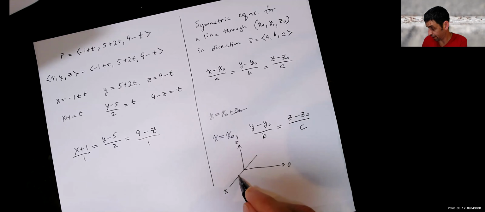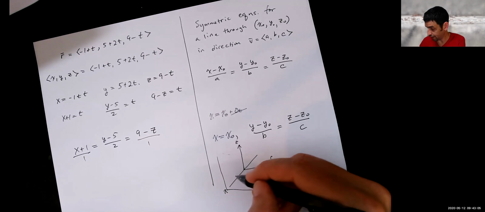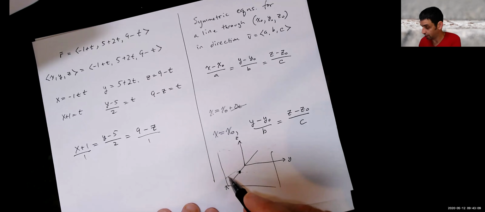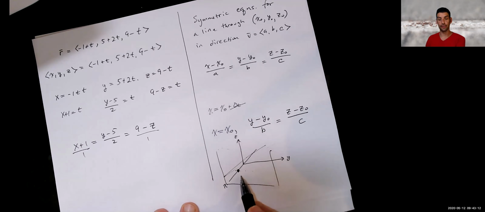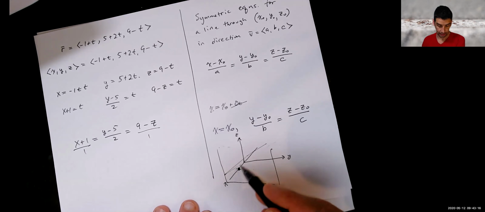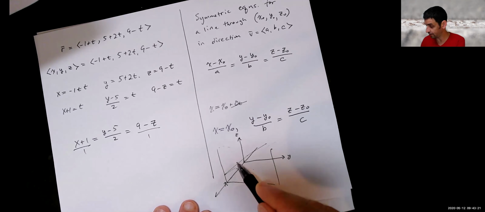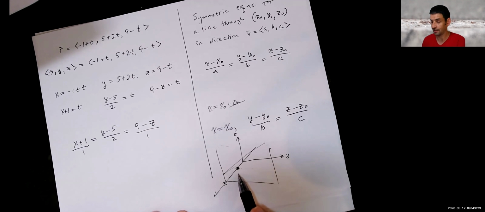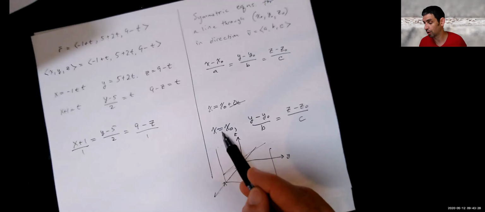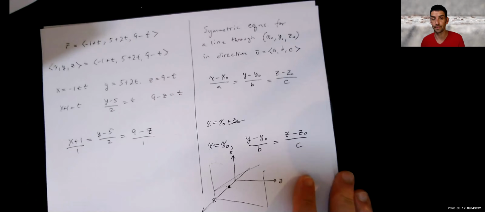So if this is some value of x naught, then this line has to live in the plane, where every point could be some point through that plane. I know this is not the greatest drawing, but if you imagine a plane perpendicular to the x-axis, so the x-axis is piercing this plane at that point, the line has to live in that plane because that is the plane where every single x coordinate has the value x naught. And if you move off of that plane, you don't have this anymore. So that's what that picture ends up being.